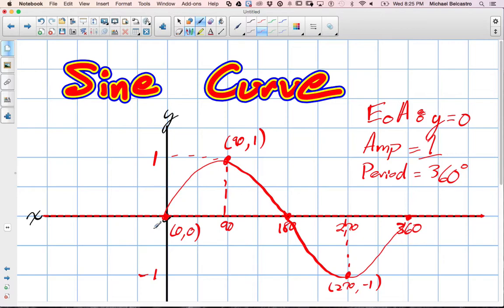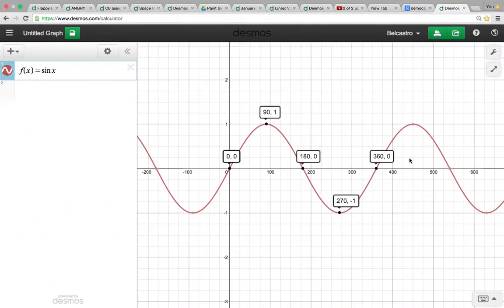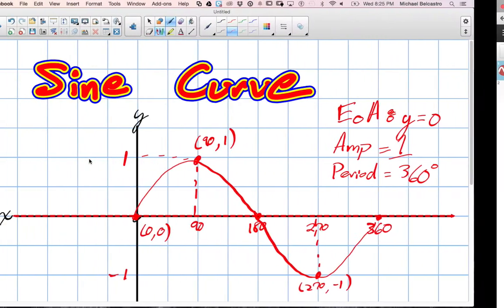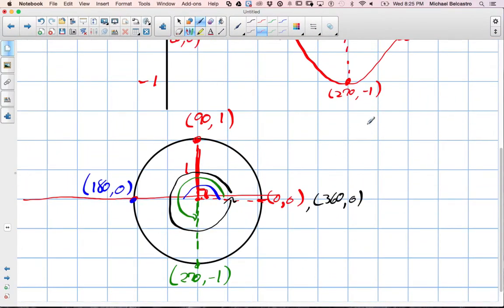Okay. Domain and range. I could continue this, but the graphing calculator again would be way better. You'll notice that this goes on forever to the right and forever to the left. So for our domain of the function, depending on what notation you write, maybe you write x is an element of all real numbers, such that there are no limitations. So it just goes on forever and ever. The range of this function, there are some limitations.